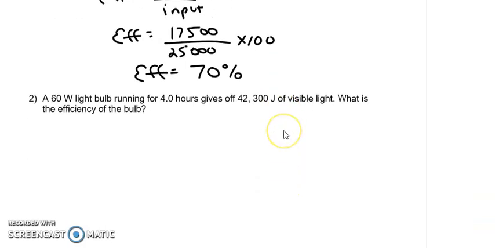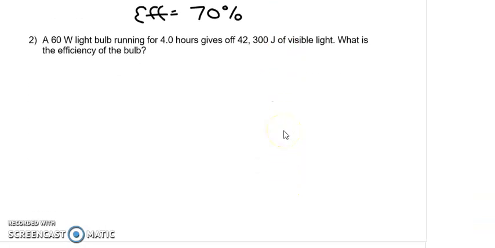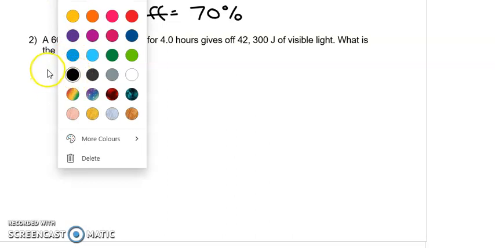So if we were to take a look, let's say, at the next question. A 60-watt light bulb running for 4 hours gives off 42,300 joules of visible light. What is the efficiency of this bulb? Well, the first thing we need to know is how much energy is actually coming into this bulb.